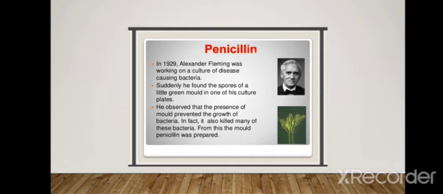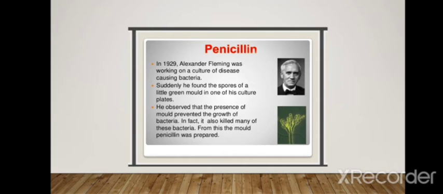Now let's see about the famous discovery of penicillin. Penicillin was discovered by Alexander Fleming in 1929 while he was working on the culture of disease-causing bacteria. He found the spores of little green mold in one of his culture plates.